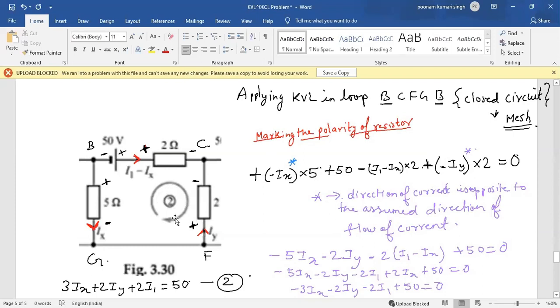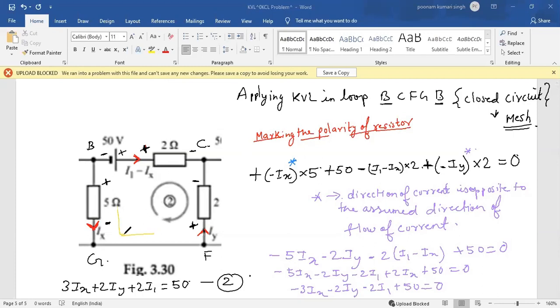When I look into this 5 ohm and this 2 ohm resistor, the voltage across that resistor will be V is equal to I into R. Your assumption is that current is flowing in this direction.